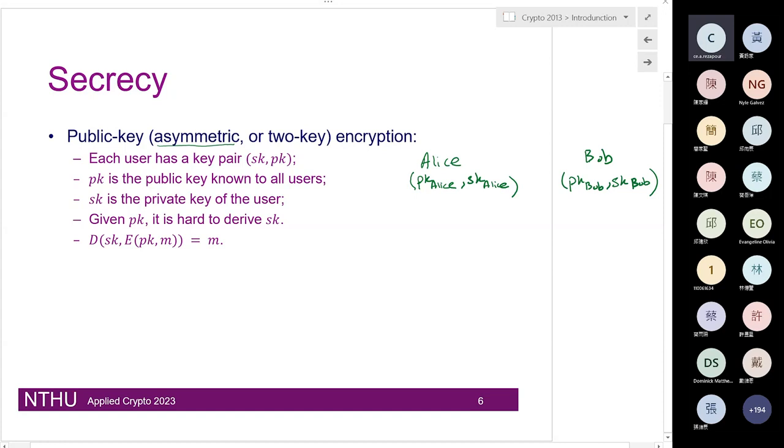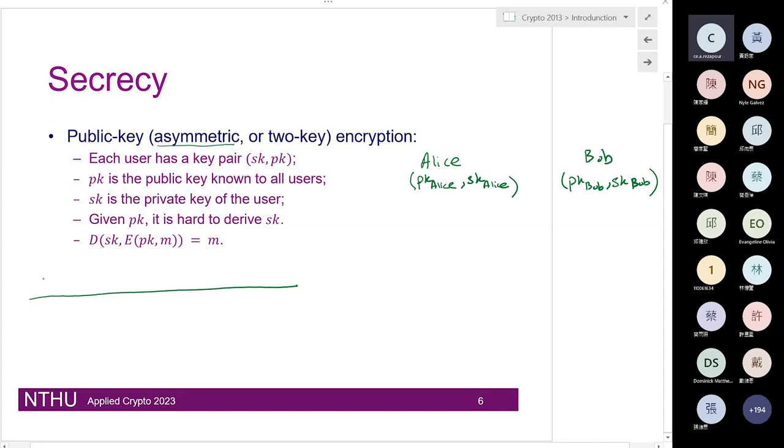Okay. There is a mathematical relationship between the public key and the private key. It is something that we will discuss in the future. But when we are talking about public key infrastructure, normally we would also introduce a repository where every user would store their public keys.